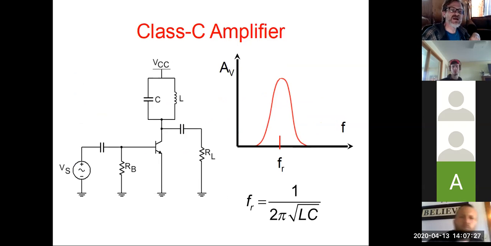So if you look at our VCC, we have an LC circuit directly in line with that. And you can even see by our response, our resonant frequency, we have a very, very narrow range for this particular amplifier to operate in.